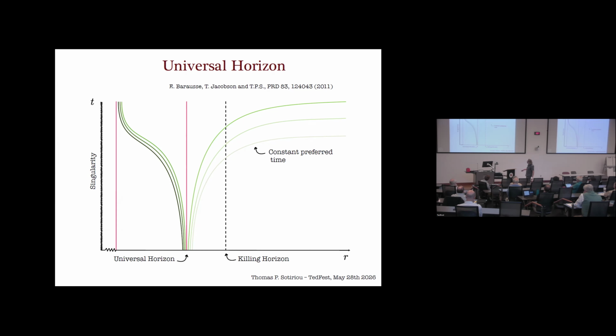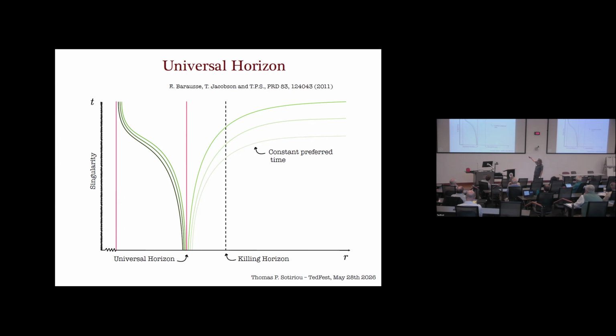What you notice now is that in this region, the surfaces all go to spatial infinity, right? But on the other end, they asymptote to a constant R surface, which is actually a constant preferred time surface as well. They don't go further in, and all of the next surfaces, of course, asymptote to that same red line on the other side. Which means if I think of being somewhere in spacetime here, and I try to emit any information, I should find myself somewhere in the darker green surface if I'm going to the future.